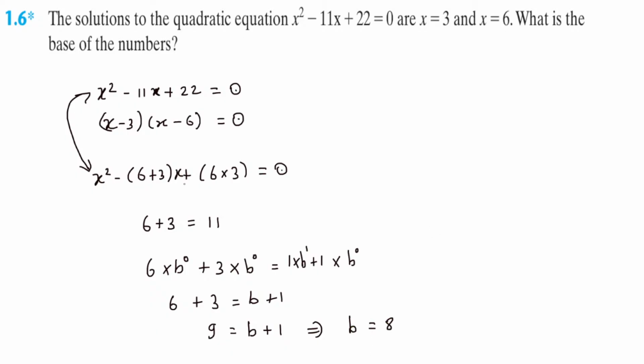Now this kind of makes sense, because when you add 6 plus 3 and get 11, it means the maximum digit is 7.